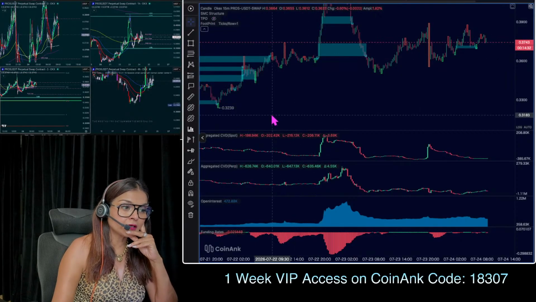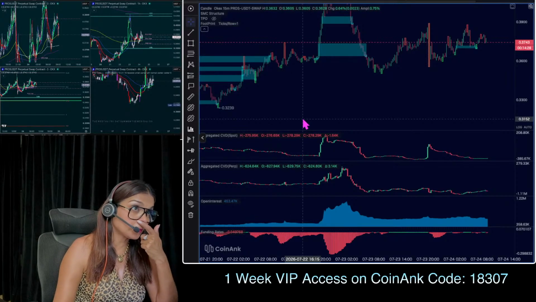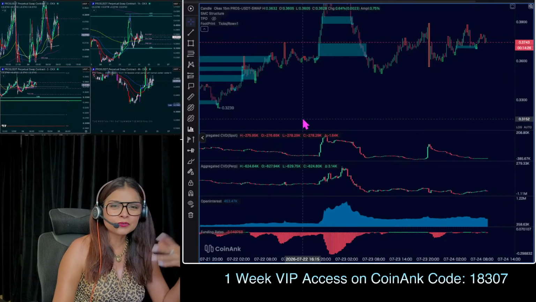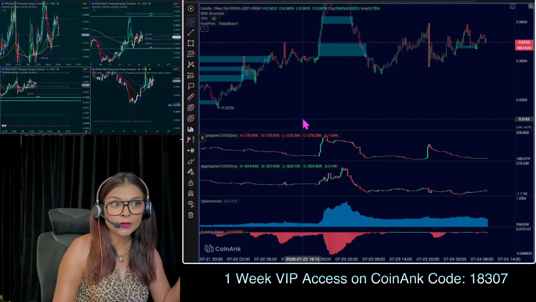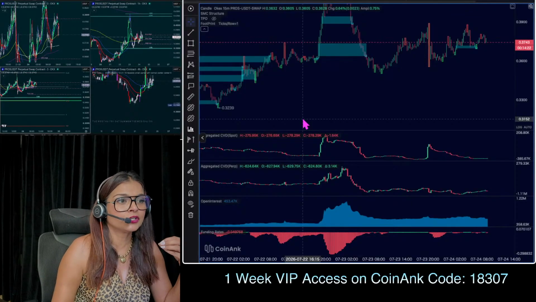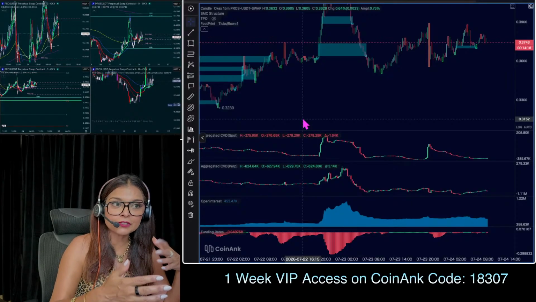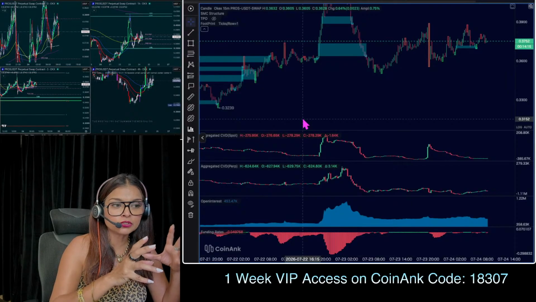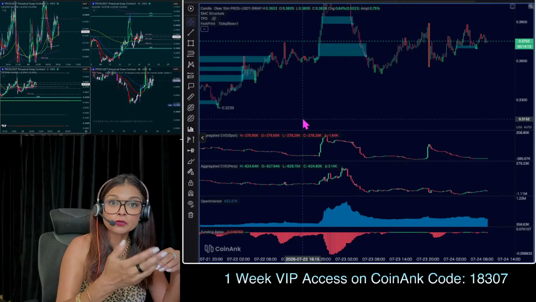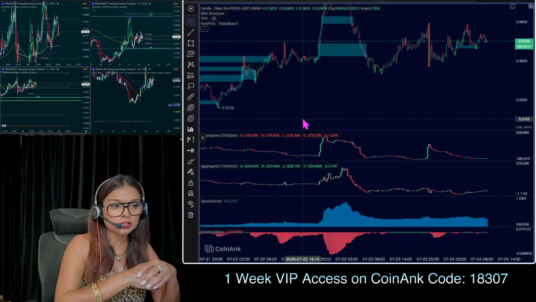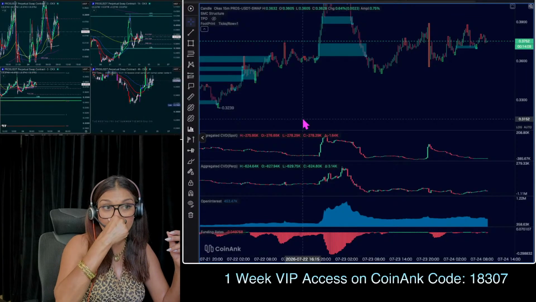When you see negative funding for an extended period of time, we're on the 50-minute chart here, and you can do this on the 1 hour, 4 hours, daily, weekly, so you can really spot when you can find a reversal. Now, just because you see negative funding doesn't mean you have to enter a long right away. You wait for your confirmation, your market break of structure, your gap, and so on.